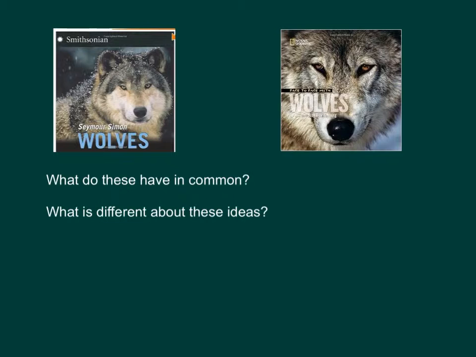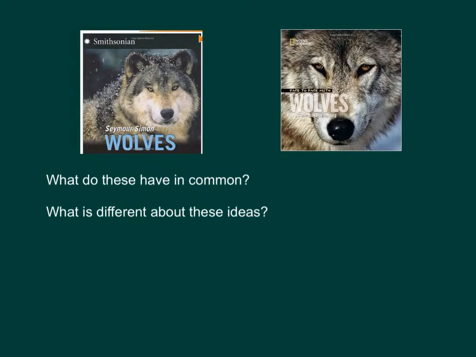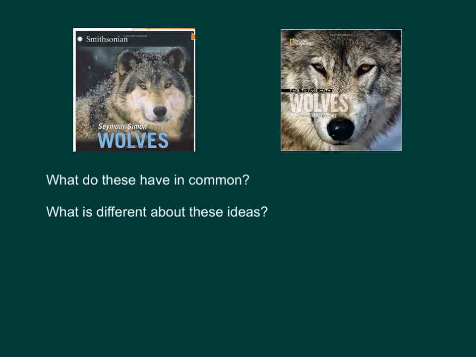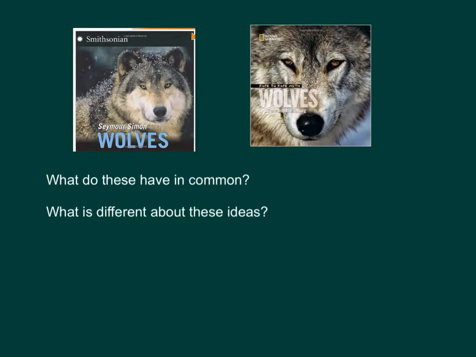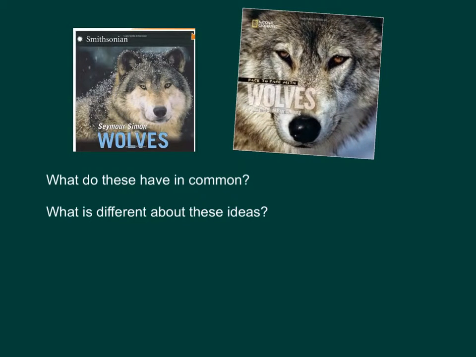For our example today, I'm going to use the two Wolves books that we've been focusing on throughout this unit. We read an expository nonfiction book by Seymour Simon about wolves, and then a narrative nonfiction book called Face to Face with Wolves by Jim and Judy Brandenburg. We're going to think about what these have in common and what is different, and we're going to do this by looking at our Stop and Jots.